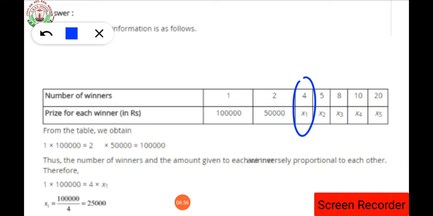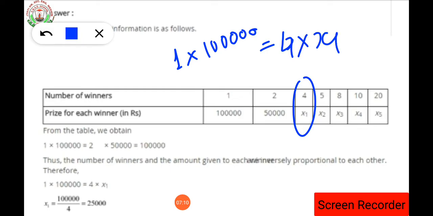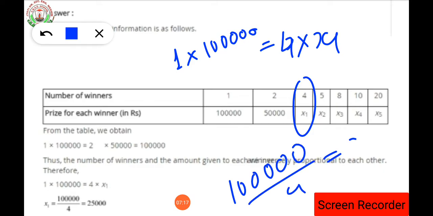So x1 into y1 is equal to x2, which is 4, and y2 is the value we have to find. Then 1 lakh will be divided by 4 to get the value. So 25,000 will be given to each of the 4 persons, isn't it?